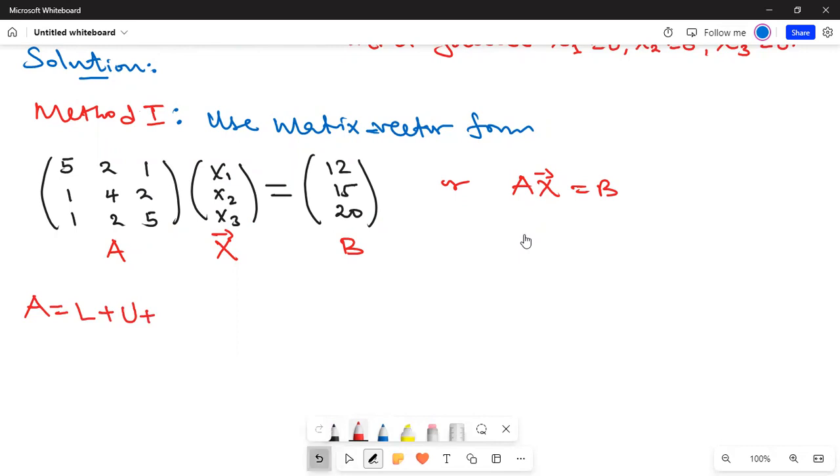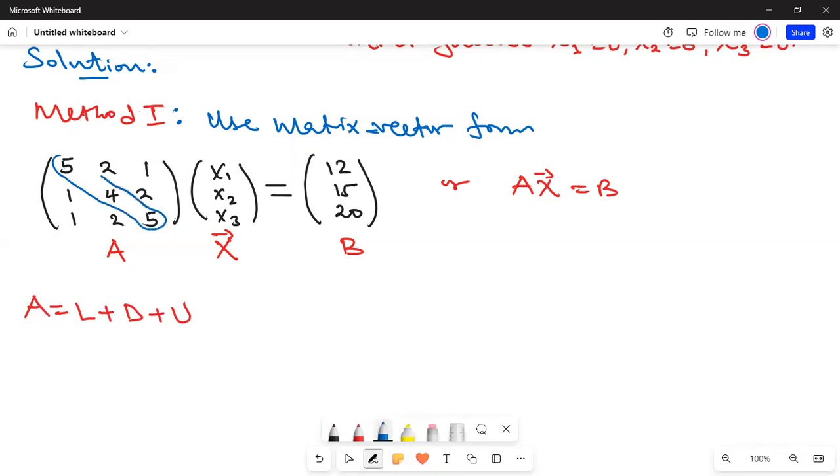Let's start with D. Plus D plus U. We are partitioning A into 3 components. L is the lower triangular matrix. D is the diagonal matrix. U is the upper triangular matrix.